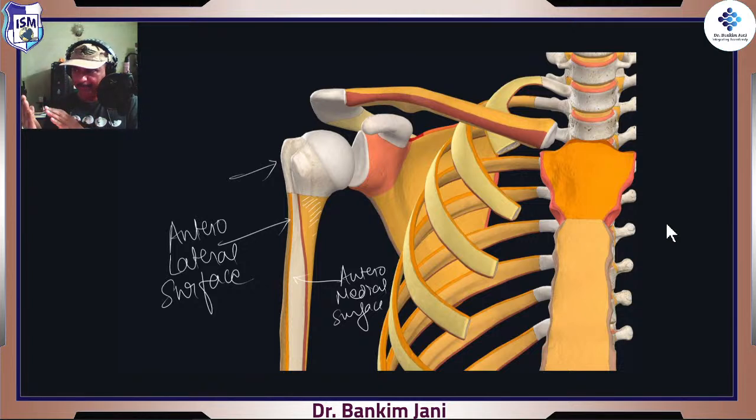So a small portion takes a turn and shows up over here. Only that small portion is posterior surface. Otherwise, for the entire shaft, there is anterolateral and anteromedial. That's how the bone is.